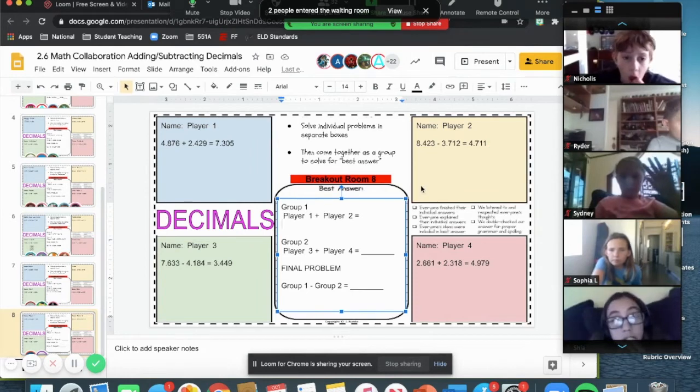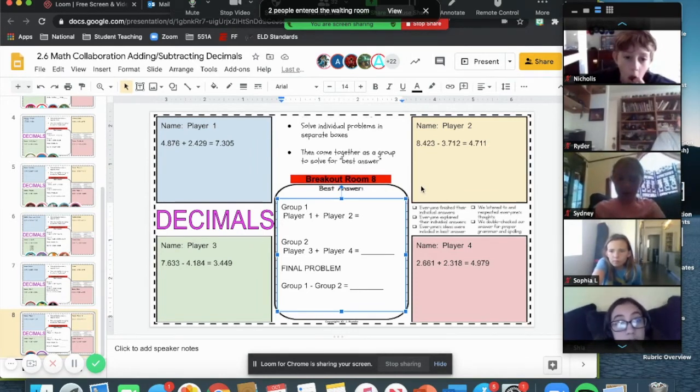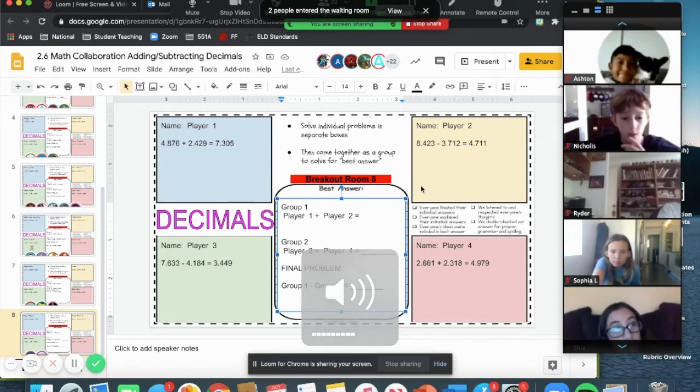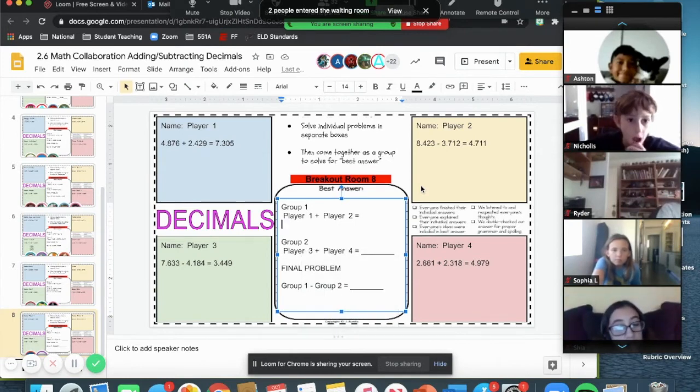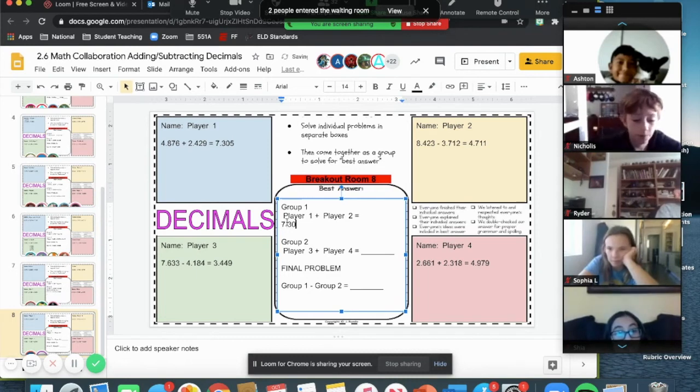Sydney, what's our equation going to be for group 1? You're muted. Sorry. For group 1, our equation would be 7.305 plus 4.711.